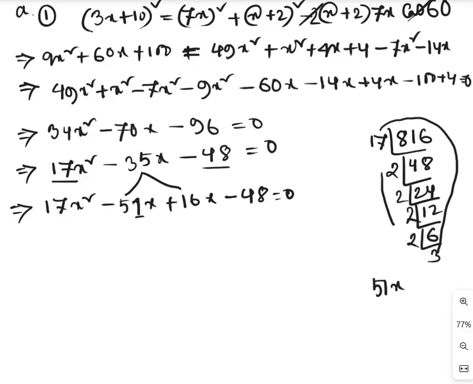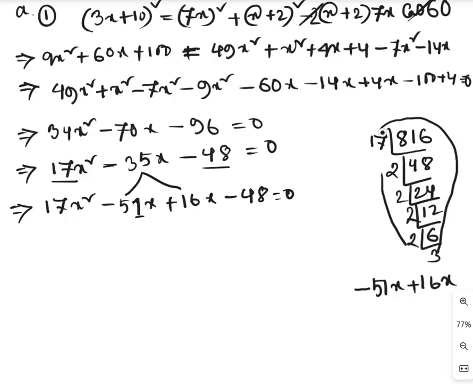And if you multiply 4 times 2, it becomes 16. So what we have to make from these two terms, obviously 35. So as 35 is minus, the larger value is 51, so it should be minus and the other should be plus, right?